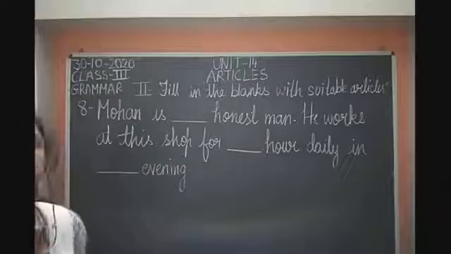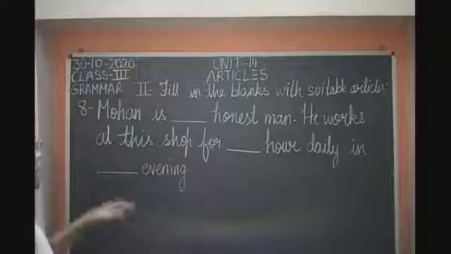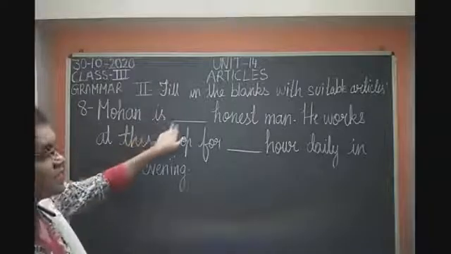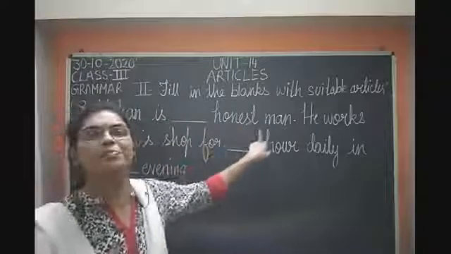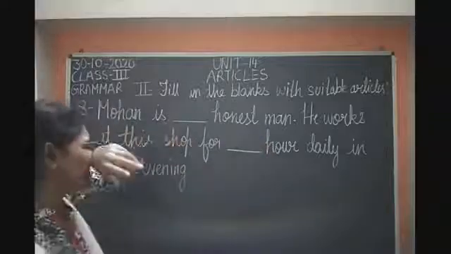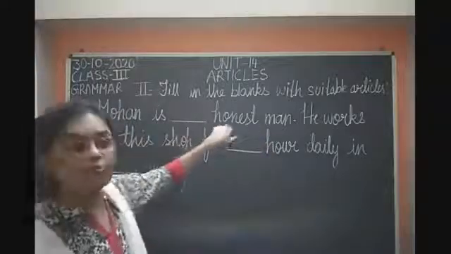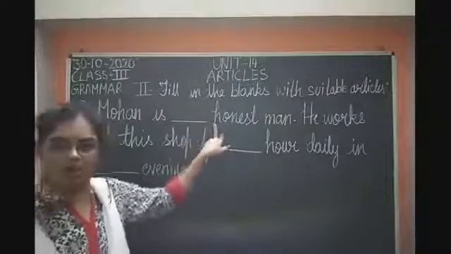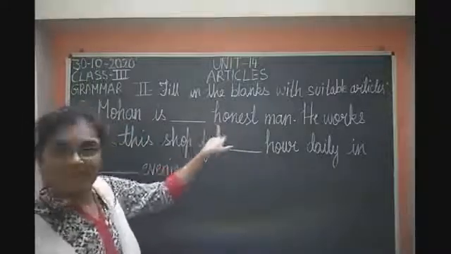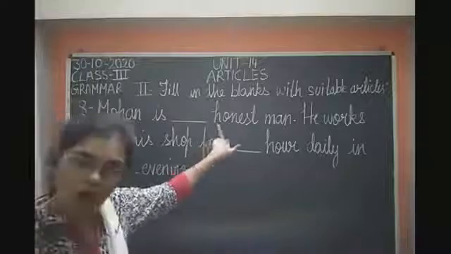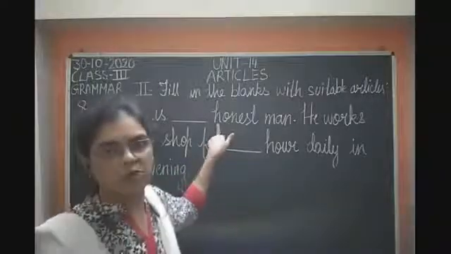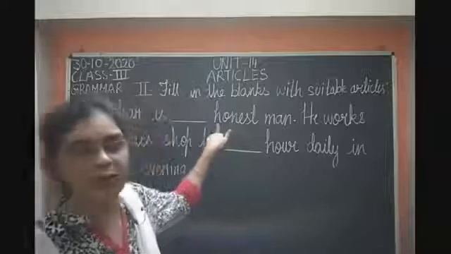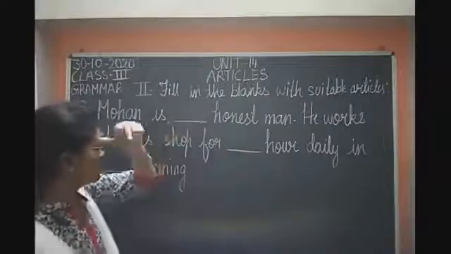Now, students, the 8th fill in the blank is Mohan is dash honest man. We need to use the article before the noun honest man. If we look at the spelling of honest, it starts with H, which is a consonant. But when we pronounce this word, the sound of a vowel comes.